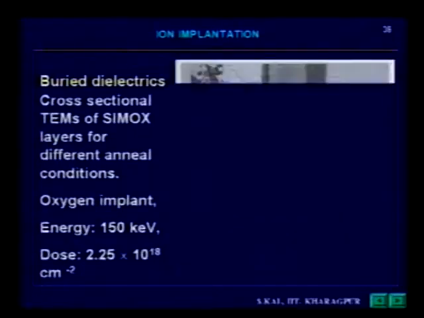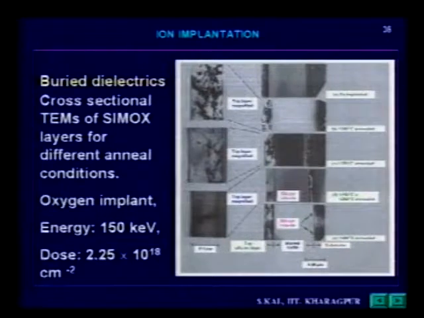Okay. Now I will show you a picture of the SIMOX cross sections for different implantation schedules. So here you see a cross section. This picture is as implanted, this one, and this is the surface.